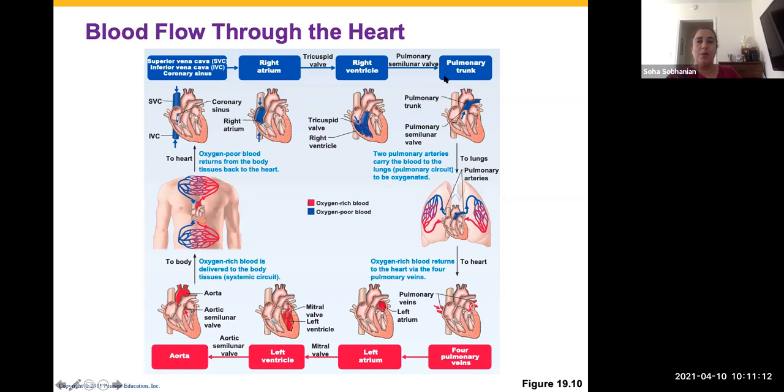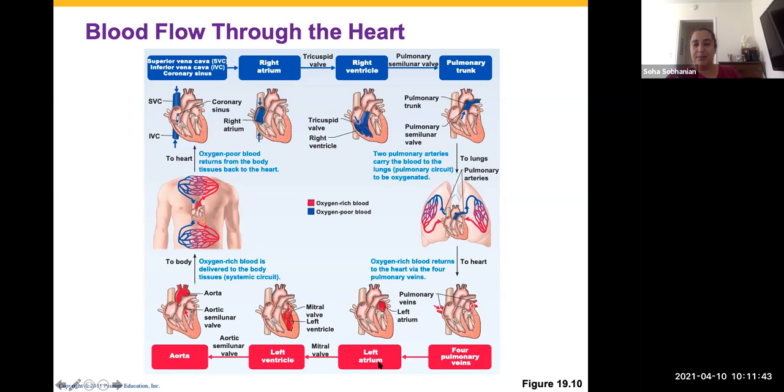It passes through the pulmonary semilunar valve, goes through the pulmonary trunk, goes through the pulmonary arteries, and then eventually into your lungs. That's where your gas exchange takes place, right? Your blood goes from deoxygenated to oxygenated. It returns through the 4 pulmonary veins, and through the 4 pulmonary veins, it goes to the left atrium.